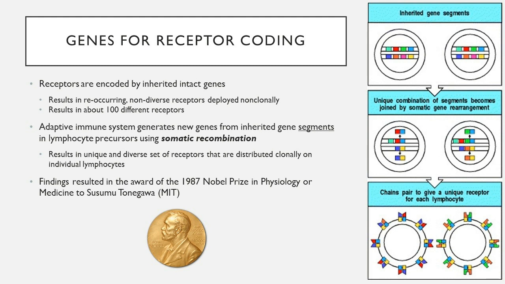So it's really just a juggling of the different Lego pieces of these genes to create new gene combinations that can then create brand new clonally distributed receptors on individual lymphocytes. And because of this, the person who discovered it, a Japanese researcher at MIT named Susumu Tonegawa, received the 1987 Nobel Prize in Medicine.